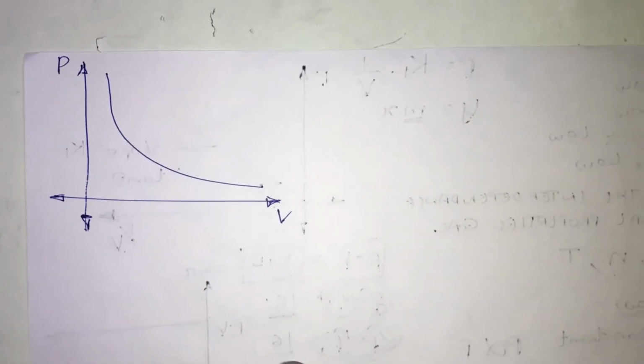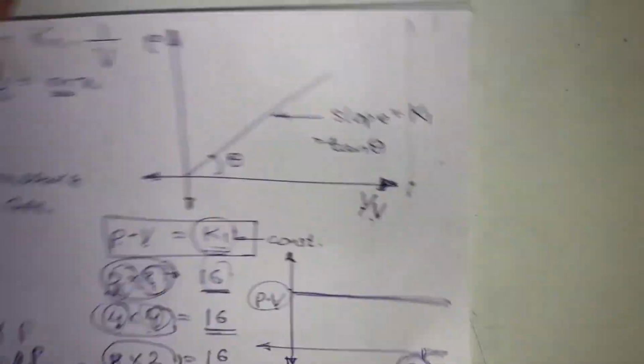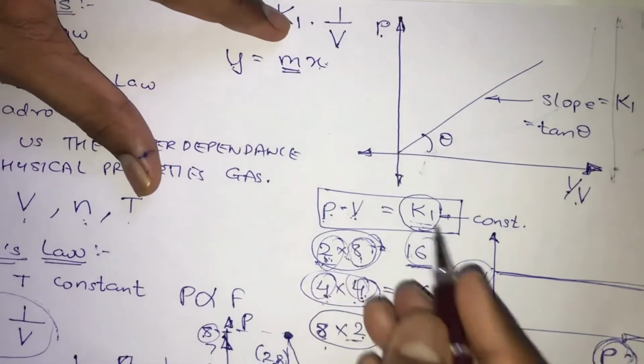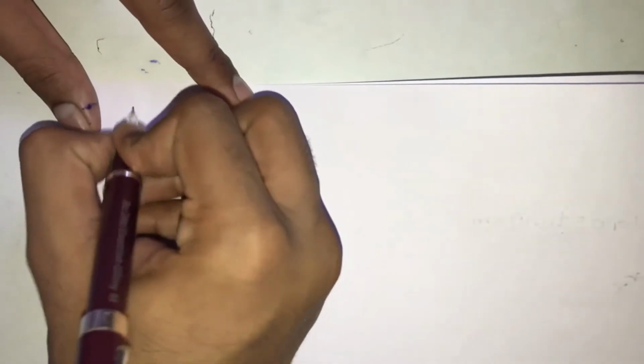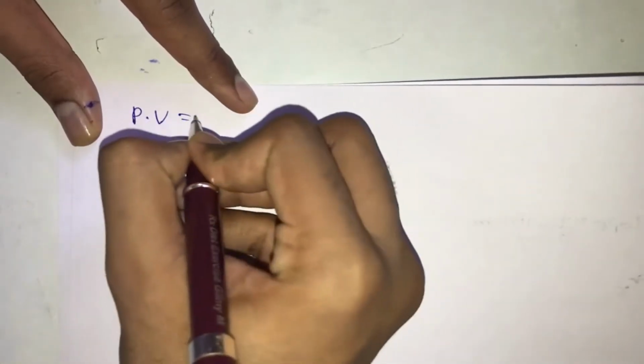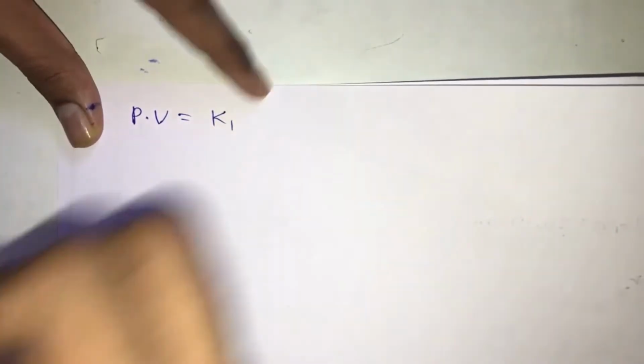Okay, now can I again consider this equation P into V is equal to K1. So now when I consider this equation, let's take a fresh page. Okay, so I consider this equation P into V is equal to K1.